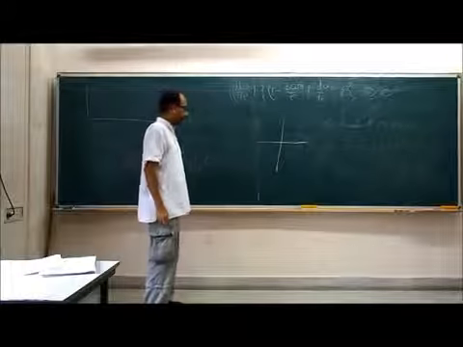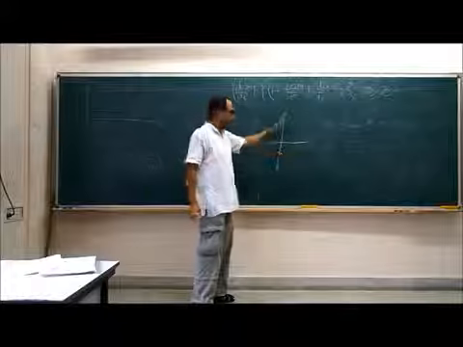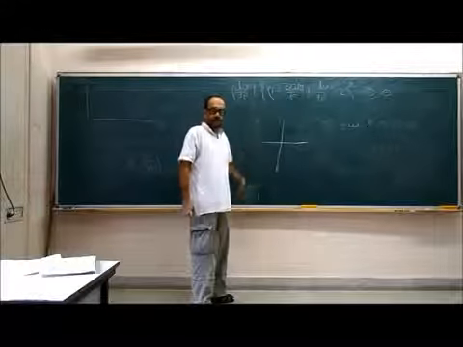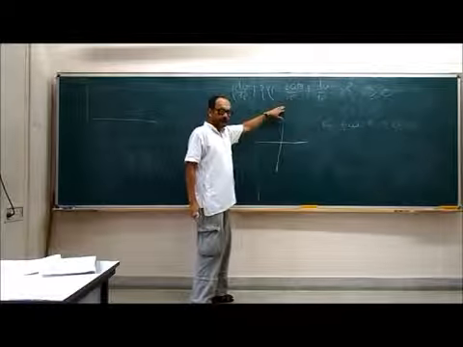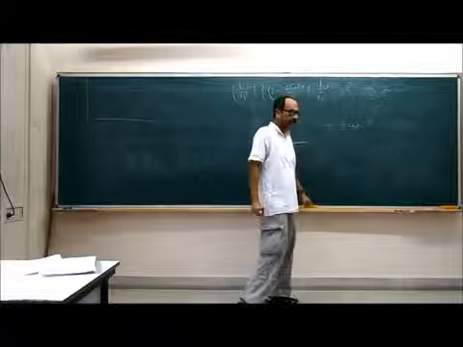Now we want to know what the allowed regions are. These two lines divide the allowed regions from the disallowed region, because these are the places where this vanishes. On one side of it the expression will become negative, on the other side it becomes positive, and you want to determine which side is which.